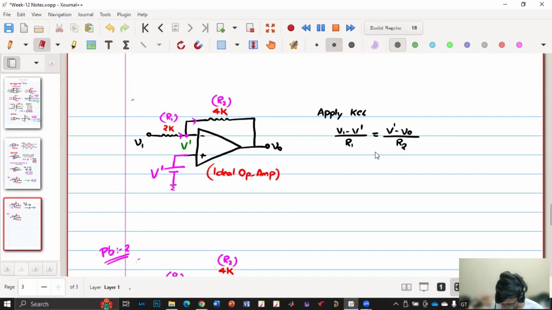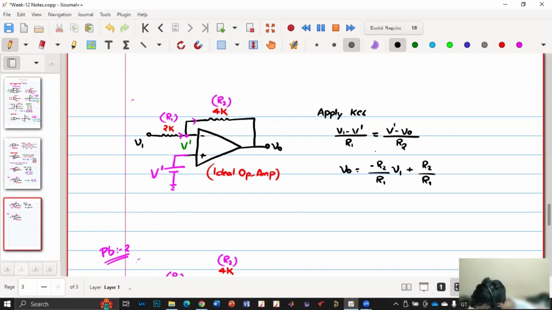Let me draw it again. So we have V naught is equal to minus R2 by R1 into V1, then plus R2 by R1 into V dash minus V dash. So we'll get something like this. So in this case, we notice some other value because it is connected to some other voltage source.